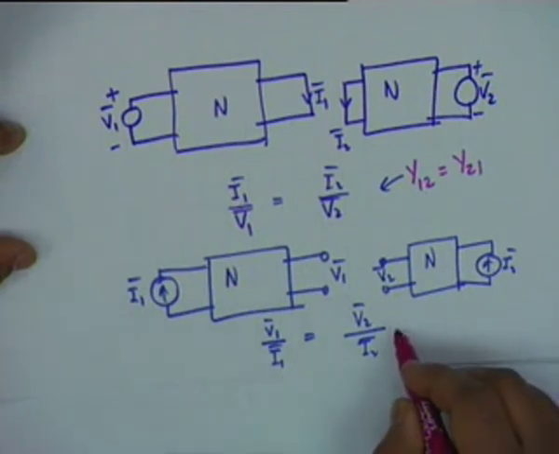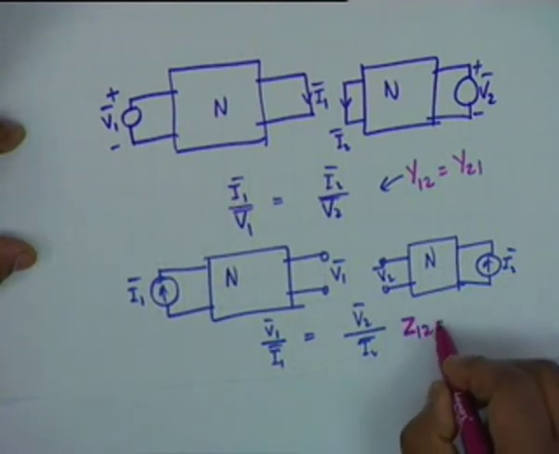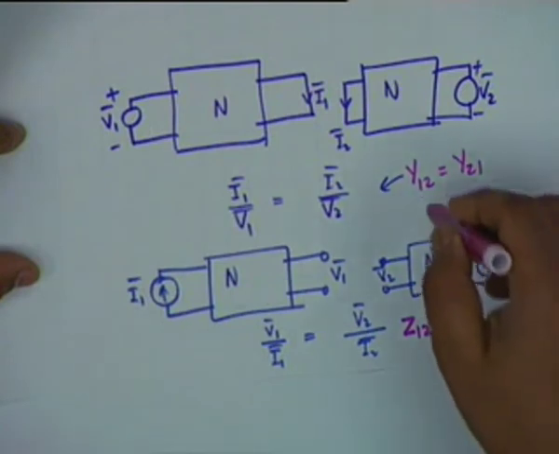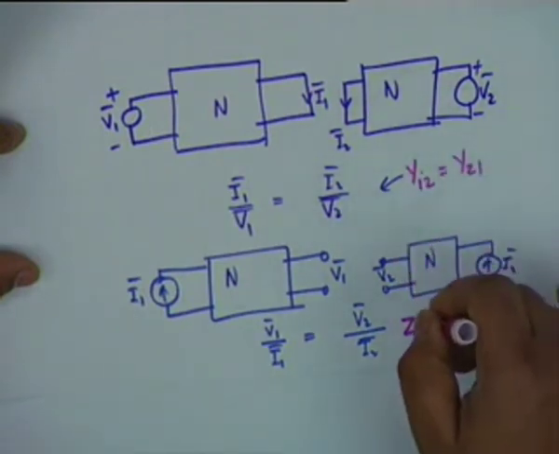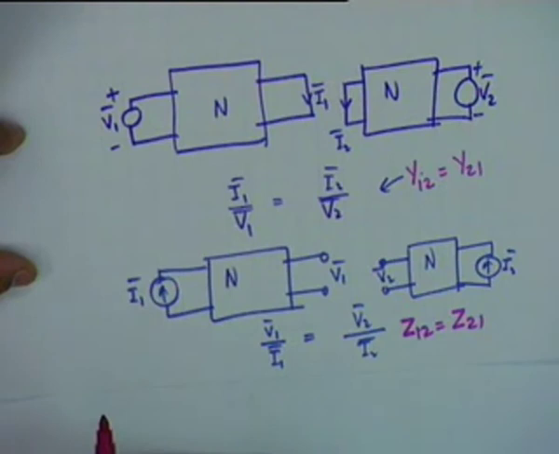Then what should we call this? Transfer impedances. Z12 should be equal to Z21. The question that I ask is, is there a relationship between Y12 and Z12? Are they reciprocals of each other? Much to your frustration, they are not, and this is something which we wish to investigate.